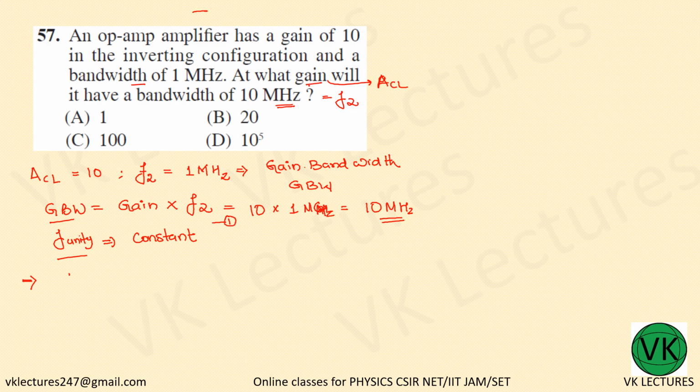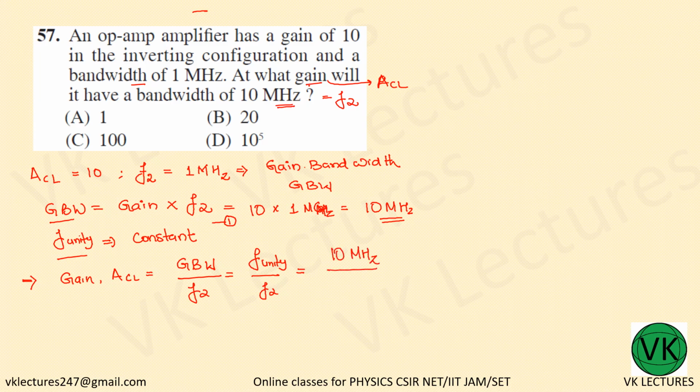So gain, which is nothing but ACL, that is closed loop gain, is equal to GBW divided by F2. Now what is GBW? That is nothing but our F unity divided by F2. Now what is F unity? We have found out it is 10 megahertz.